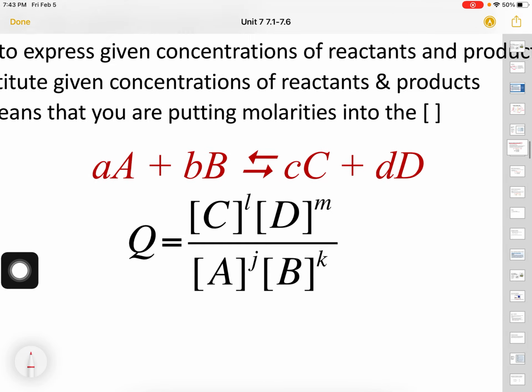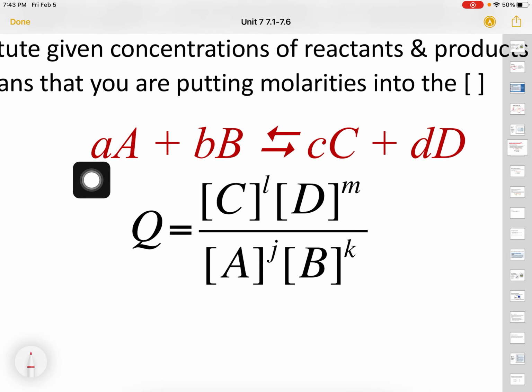So here's my reaction, okay? Coefficient of A for substance A, coefficient of B for substance B at equilibrium, coefficient of C for substance C, coefficient of D for substance D. The reaction quotient, Q, is equal to the concentration of C raised to its coefficient power times the concentration of D raised to its coefficient power over A and B each raised to their coefficients.